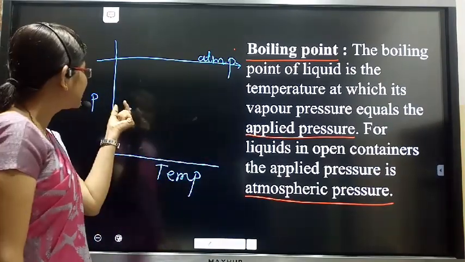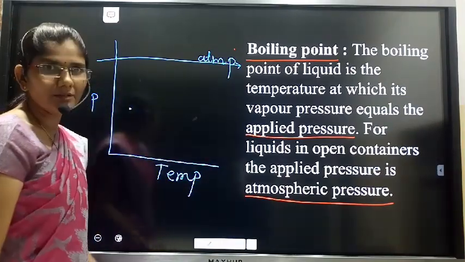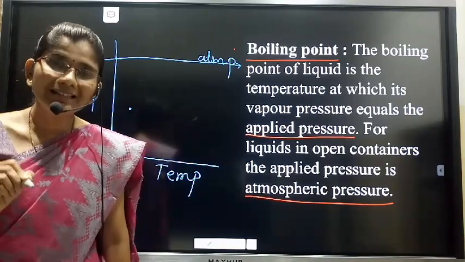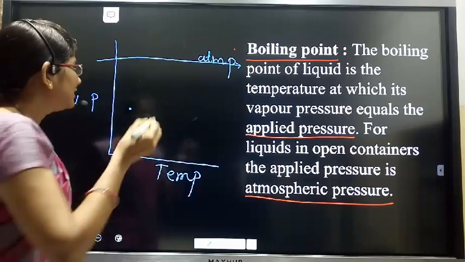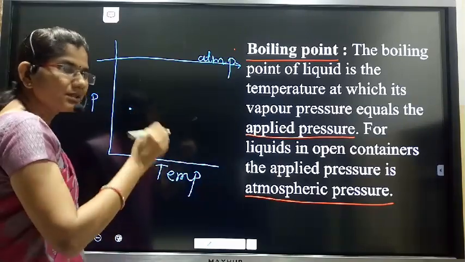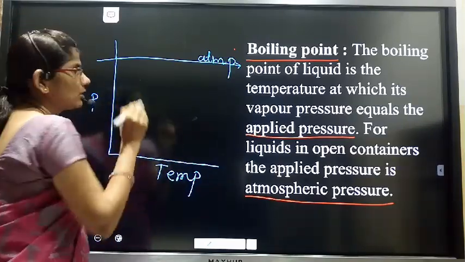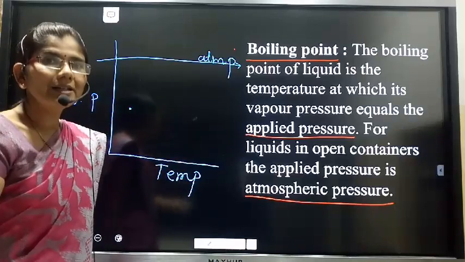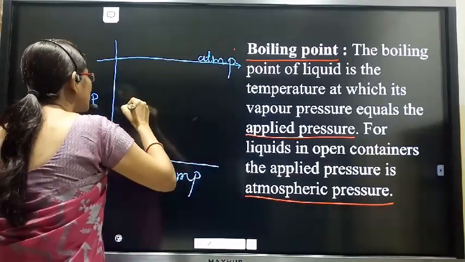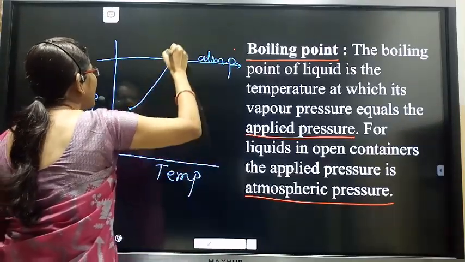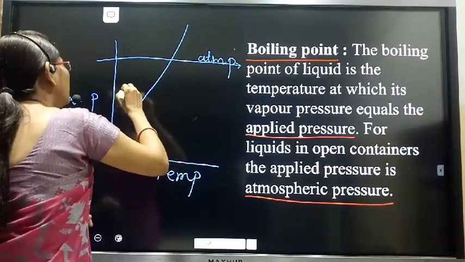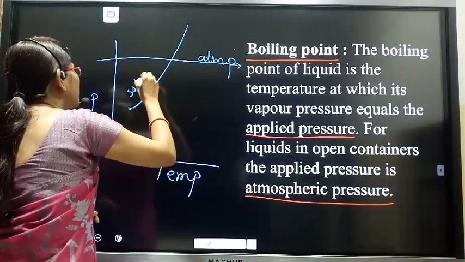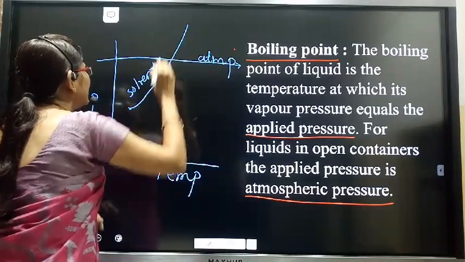Consider this is the vapor pressure of a solvent, and when that solvent starts boiling, the vapor pressure of that solvent becomes equal to the atmospheric pressure. So this is the graph of the vapor pressure of a solvent.